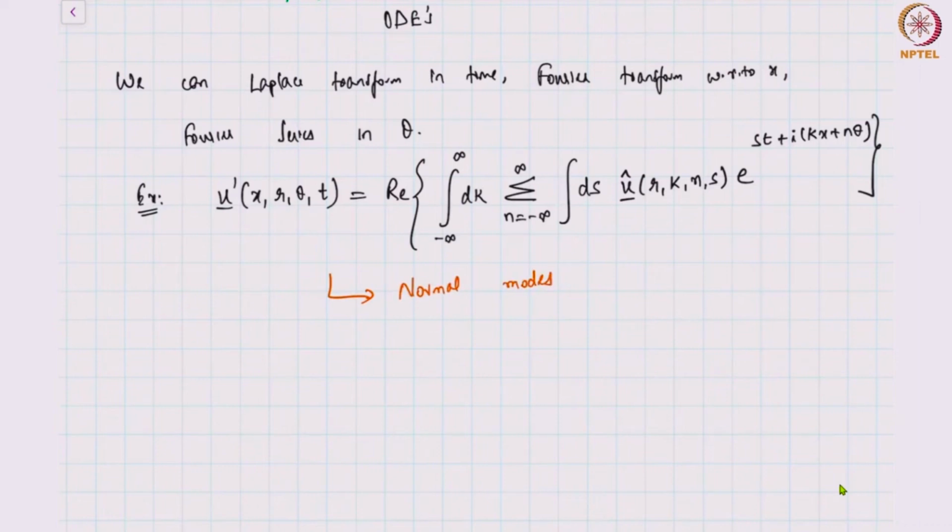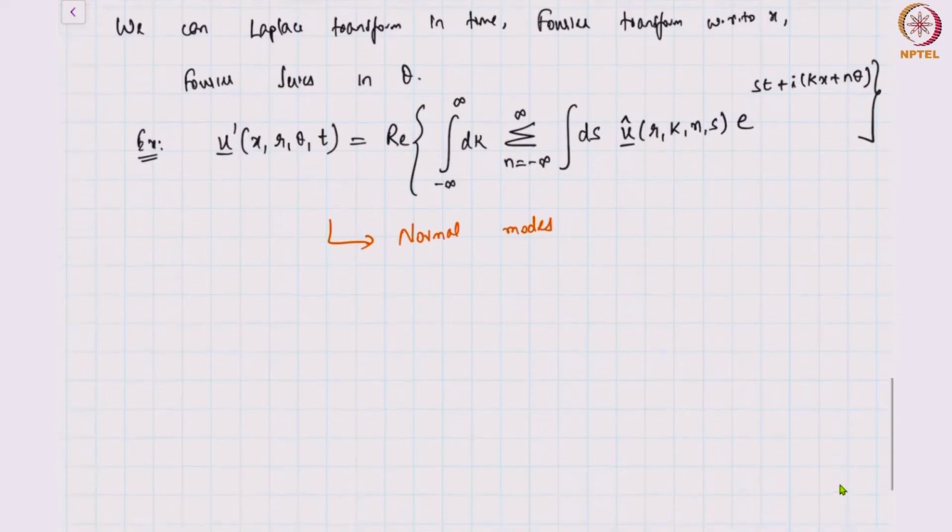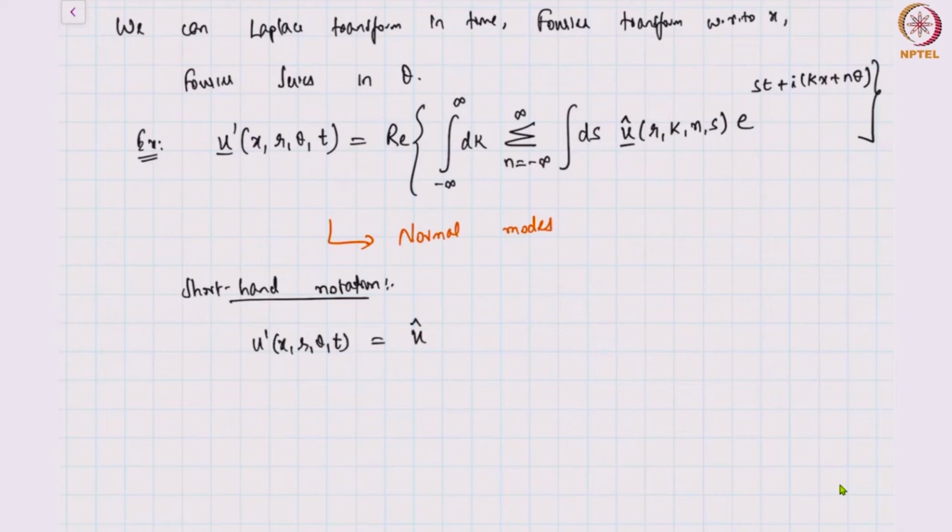Now in general, one doesn't write such an elaborate expression, but uses a shorthand notation to simply say u prime of x, r, theta and t is just u hat e power st plus I kx plus n theta.